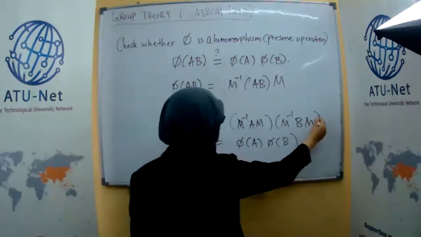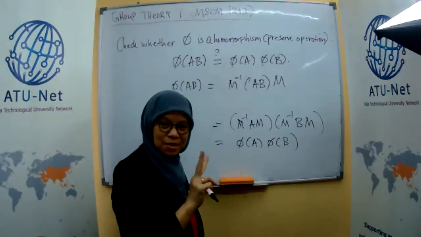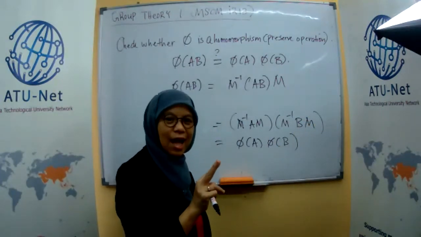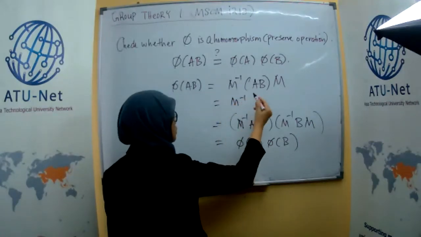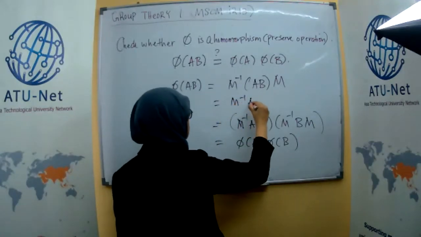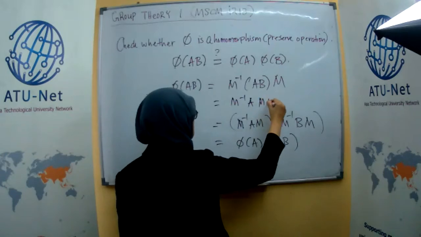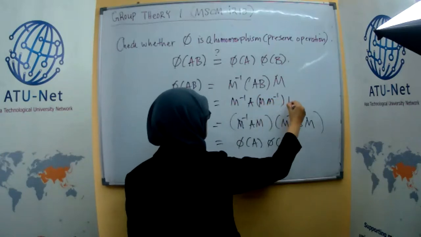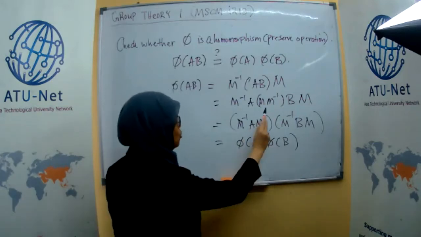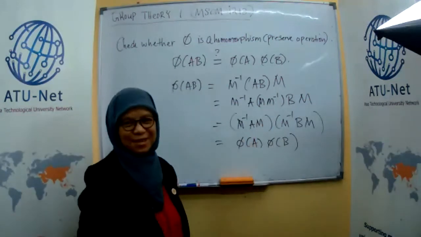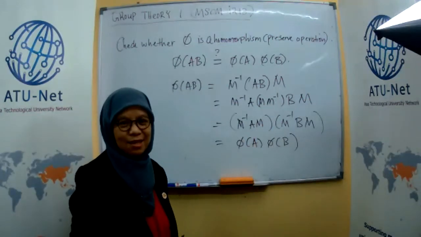do you see it? Right? Because you insert I in the middle. Instead of this, you put this. How do I know to insert this? Because I start from the other end.